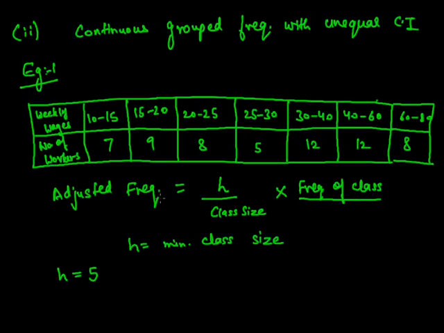Like if you are taking the class as 20 to 25, the frequency is 8 in this example. If you have taken the class as 60 to 80, the frequency is 8 again. So accordingly we take the frequency of the class.